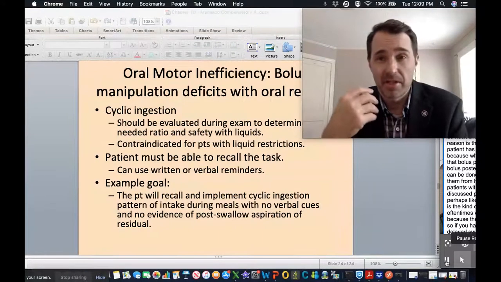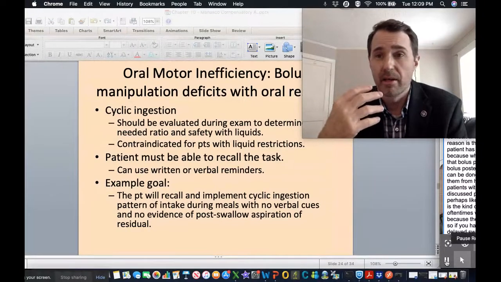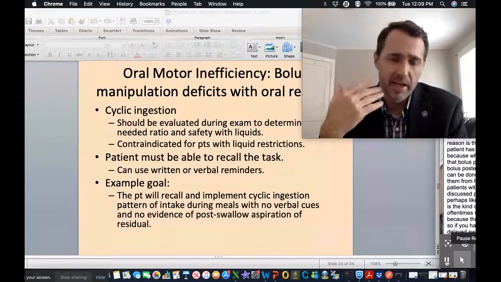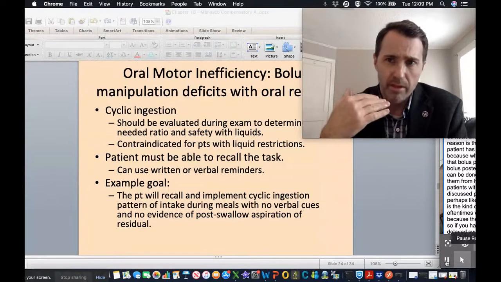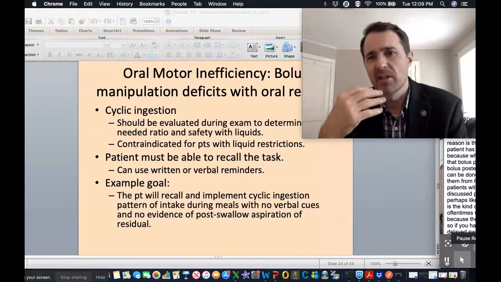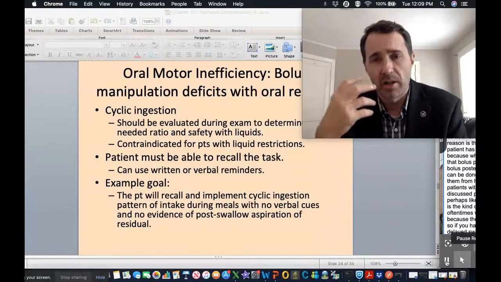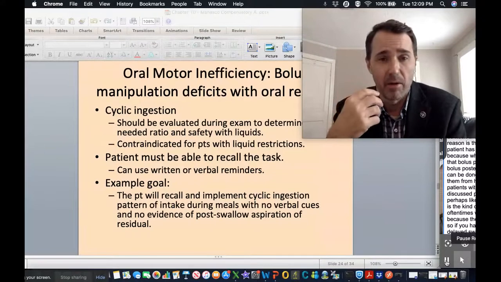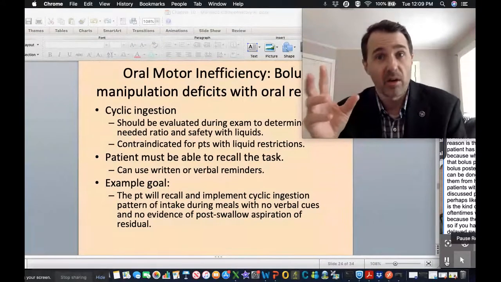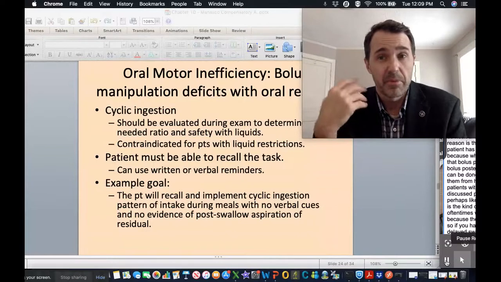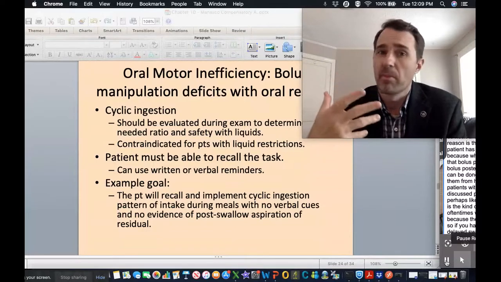You can imagine how difficult it would be for someone with, we'll say, a lingual weakness, trying to clear oral stasis, solid oral stasis, out of their mouth with nectar thick or honey thick liquid. You're just going to be making the problem that much worse.